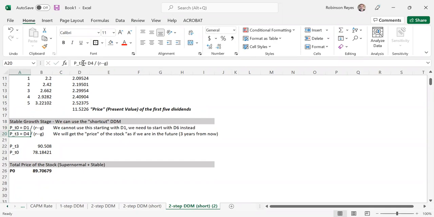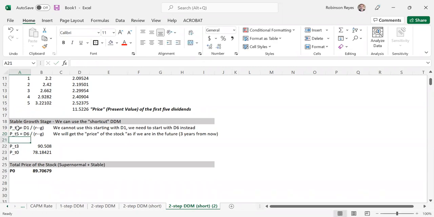And once we make this adjustment, let me erase this, right? Instead of D1, we are using D6.